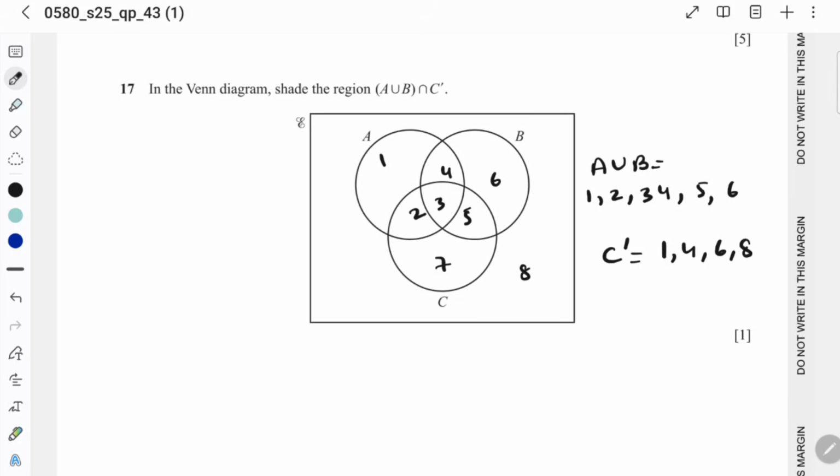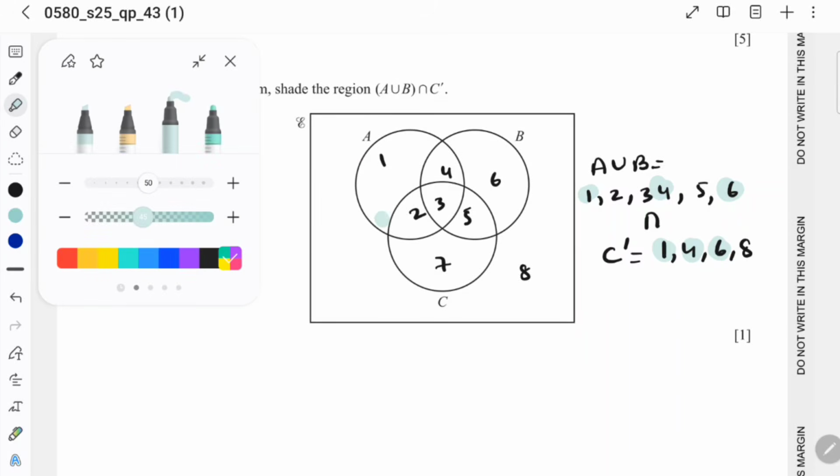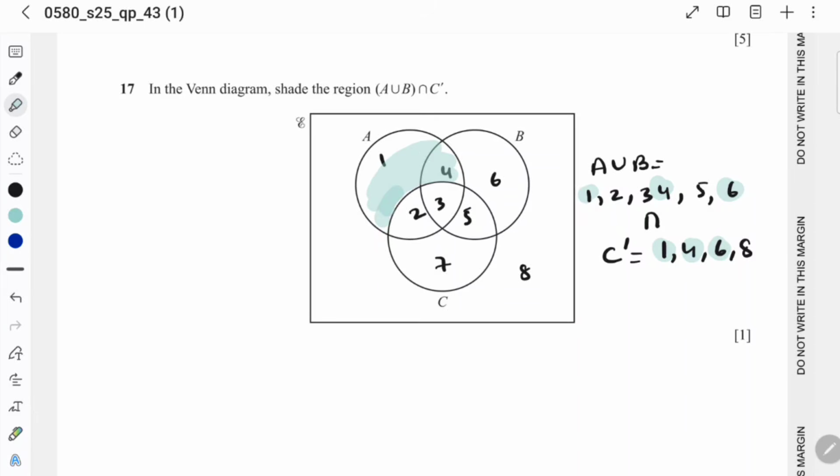Now they are asking for A union B intersection C complement. It means you have to find the common elements between these two. So 1 is common, 4 is common, 6 is common. So you have 1, 4 and 6 in common, and that's why you shade 1, 4 and 6.